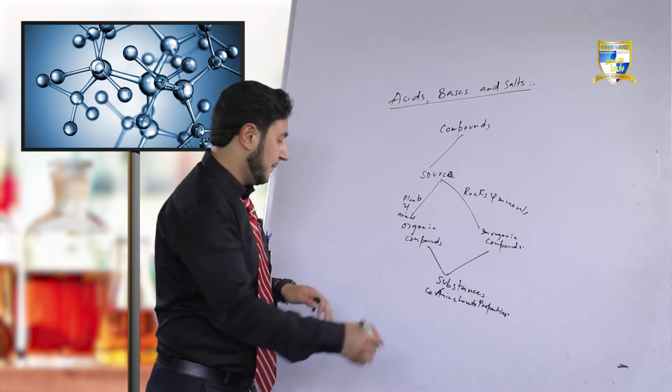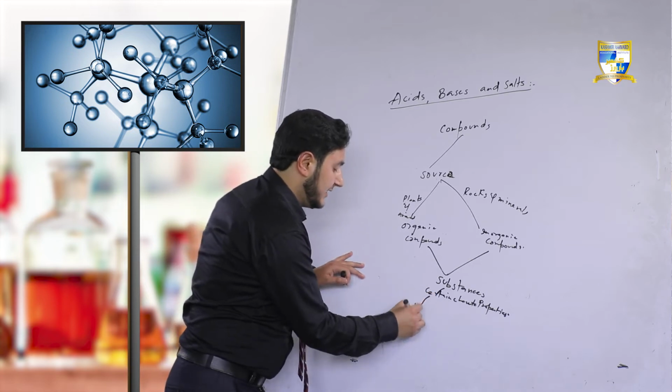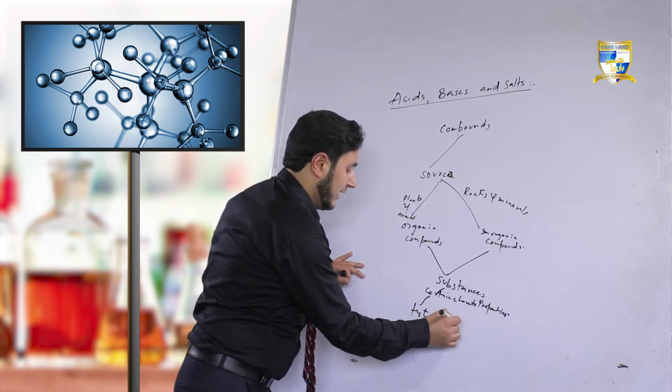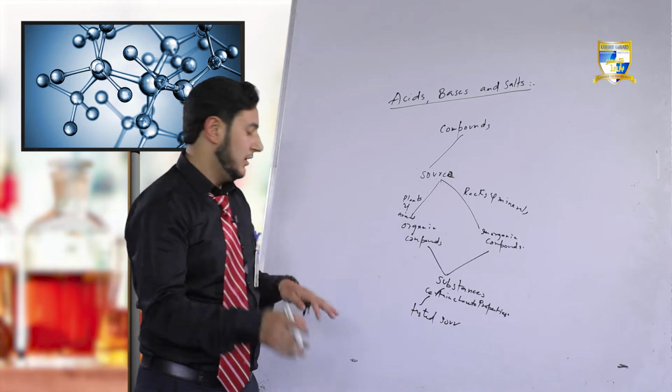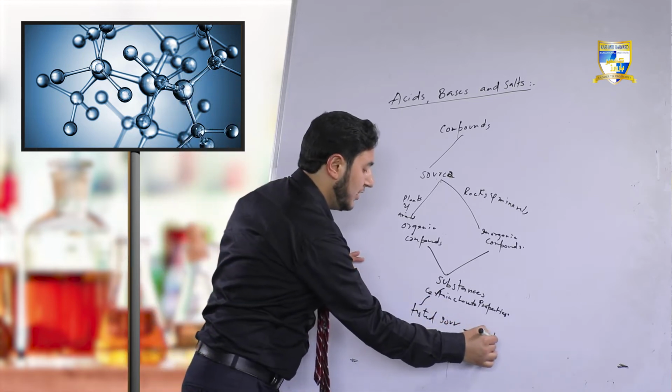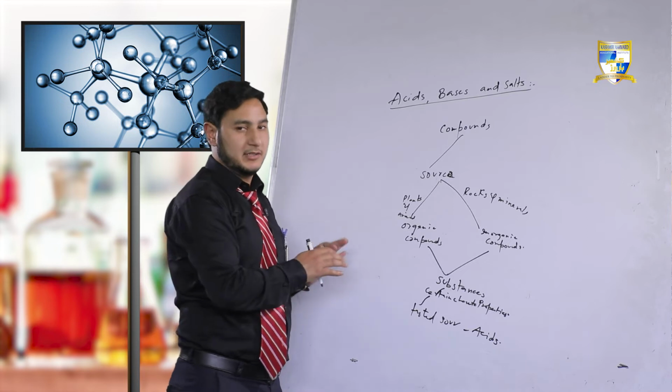Like what properties? If the substance tasted sour, they were called acids. So, the classification was based on taste.